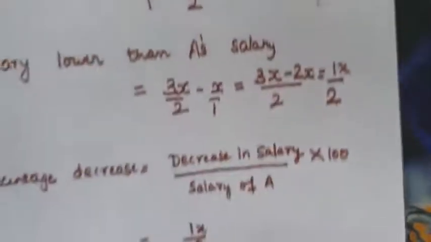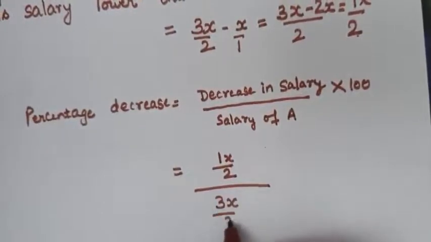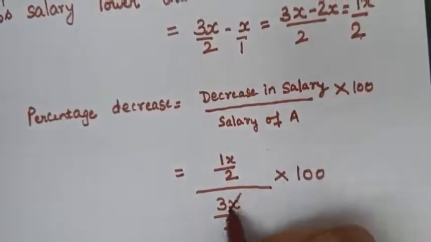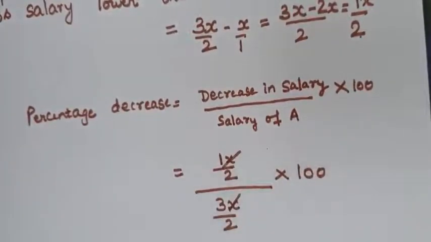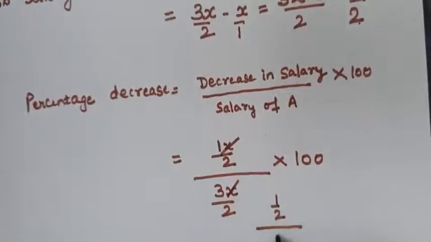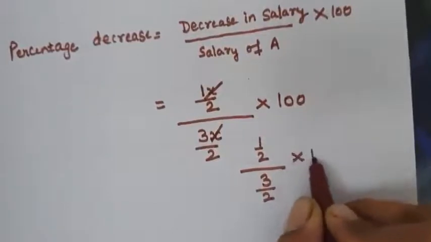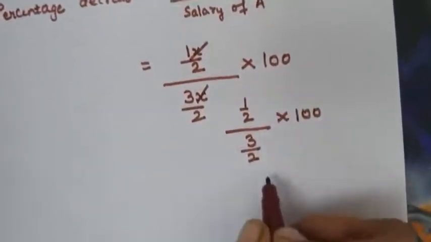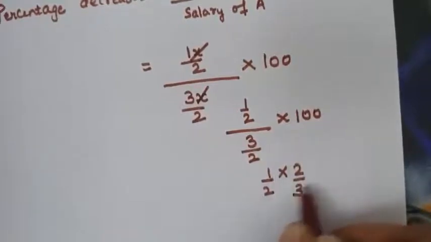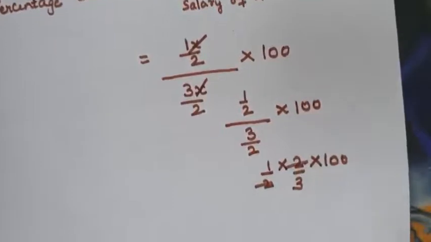So now by putting the value, 3x upon 2 multiply 100, x and x will get cancelled. We get 1 upon 2, 3 upon 2 multiply 100. Now 1 upon 2 multiply 2 upon 3 multiply 100. Again this will cancel.